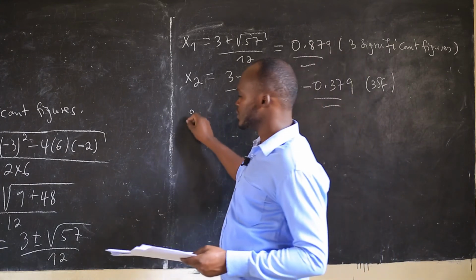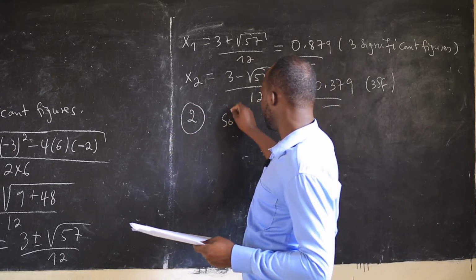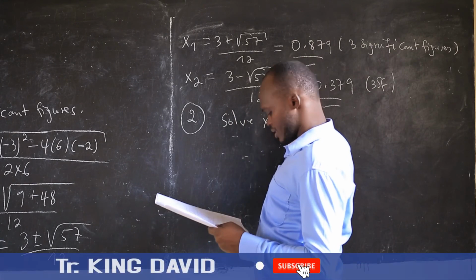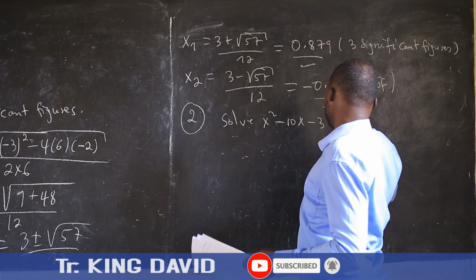So number 2, it is saying solve x squared minus 10x minus 3 equal to 0.